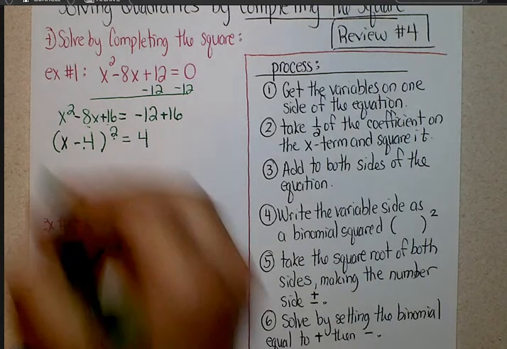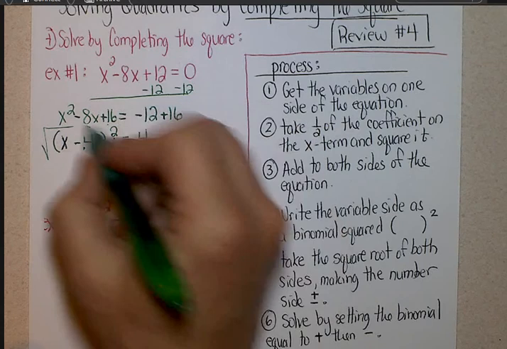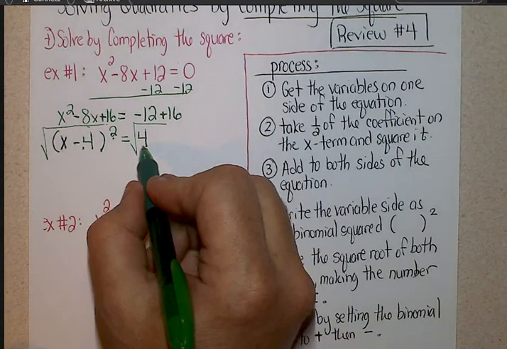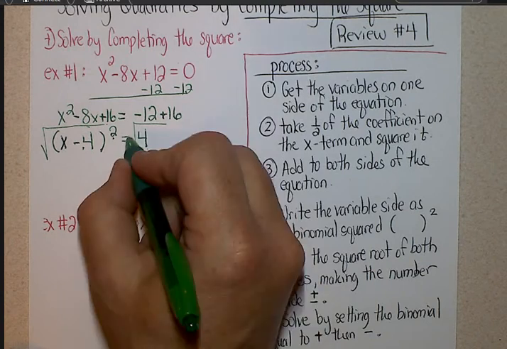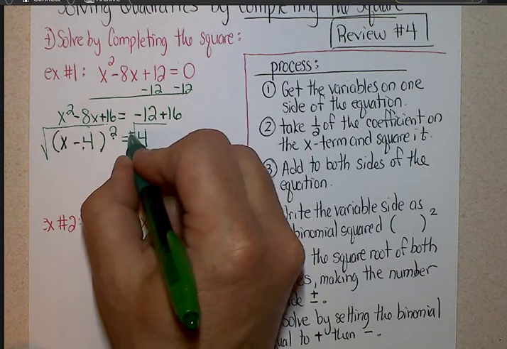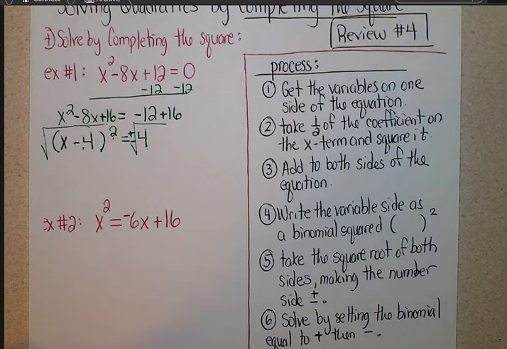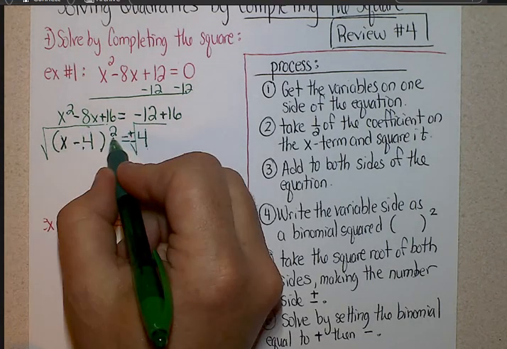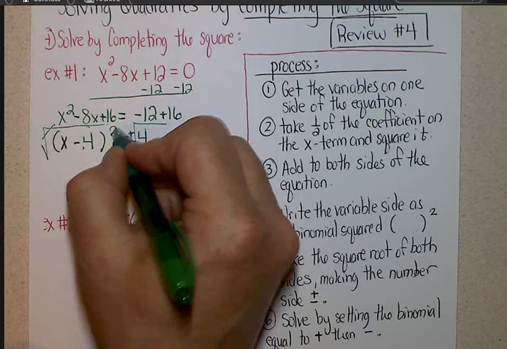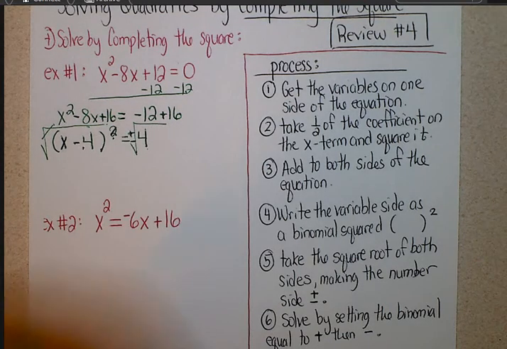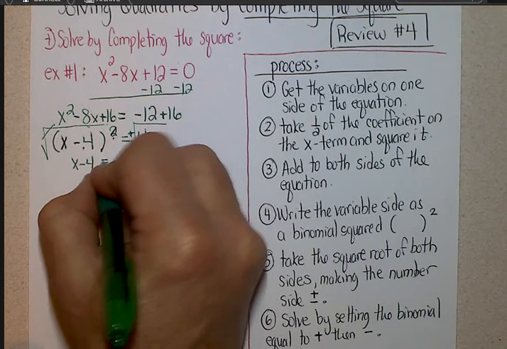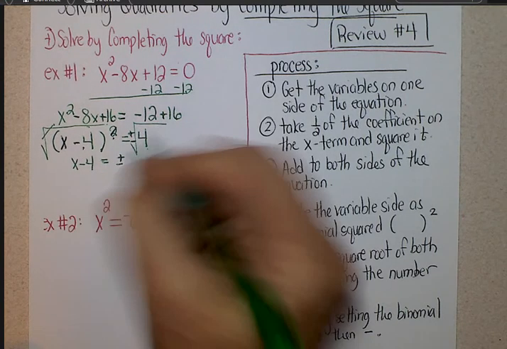But when you take the square root of the number side, we have to put a plus and minus in front because there's actually two answers here. Okay? So when I take the square root of something squared, by definition, they cancel out. That's the reason why we do that. And that's leaving me just with x minus 4 equals plus and minus the square root of 4, which is 2.